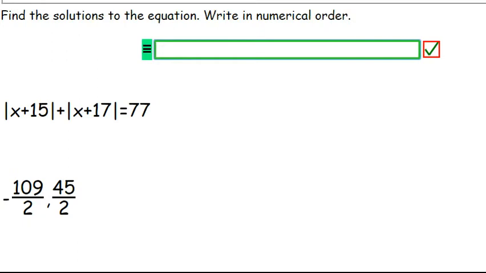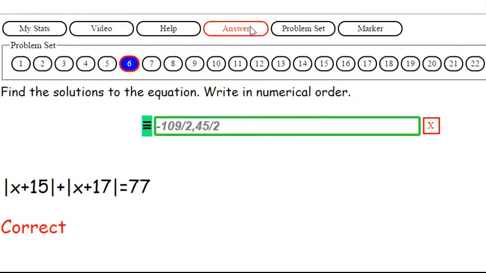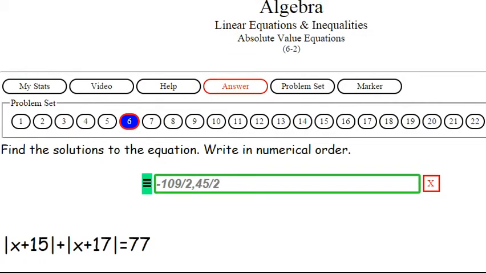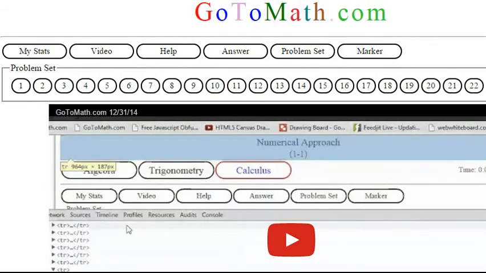This computer just likes to do things on its own without being told. I think it knows it's ready for the trash can, so it's trying to rebel or something. Anyways, that's correct. Okay, so come on by GoToMath.com, practice, and I'll see you later.